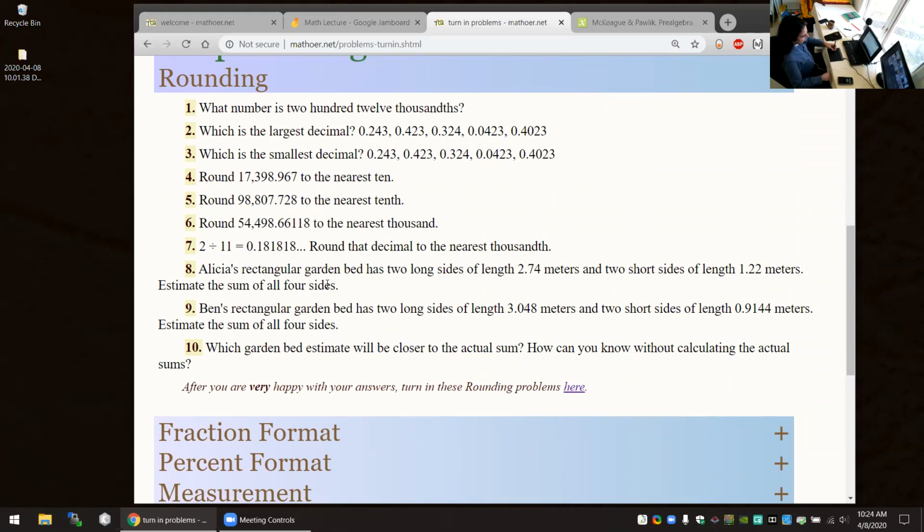So it's asking, when we estimate, we're going to cause some error. So which will be closer to the real number? Which one are we changing the least when we estimate? So let me grab that.